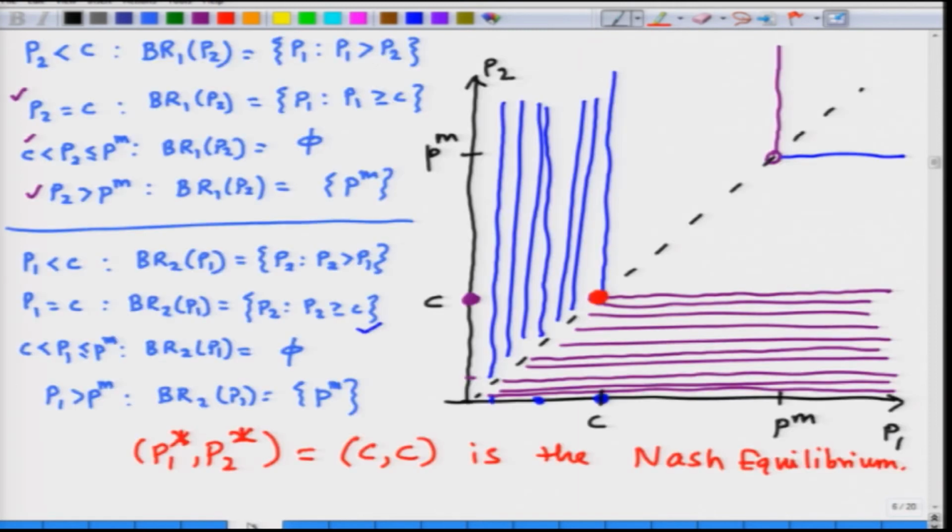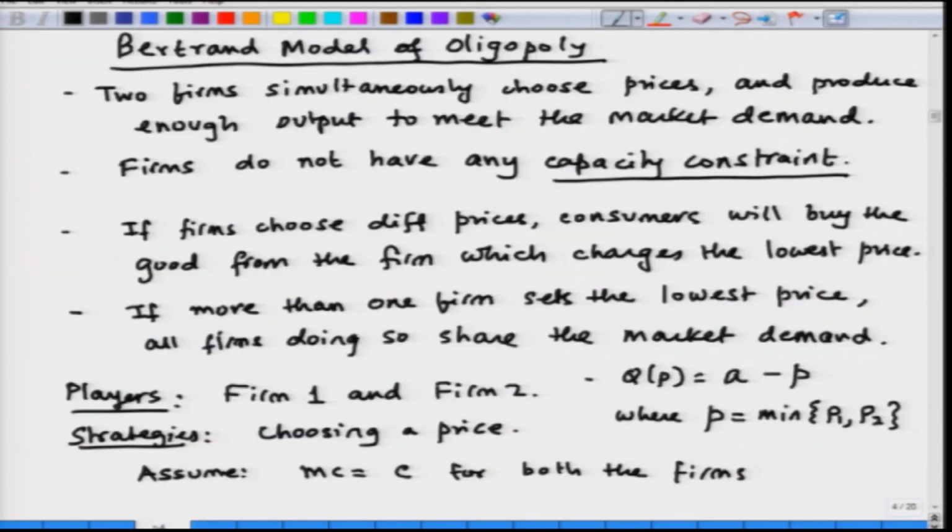Now, before we leave this model, the assumption in this whole setup is that firms do not have any capacity constraints, and as with the Cournot model, the firms are also producing identical products. So, as far as the consumers are concerned, these goods are perfect substitutes. We will see what happens when we relax some of those assumptions in a few moments.